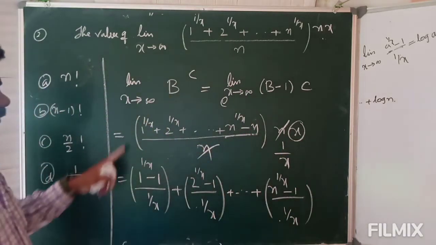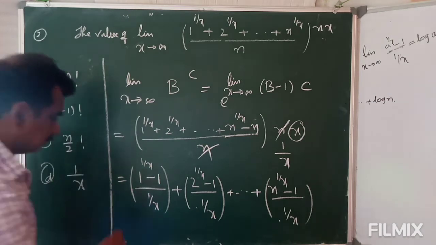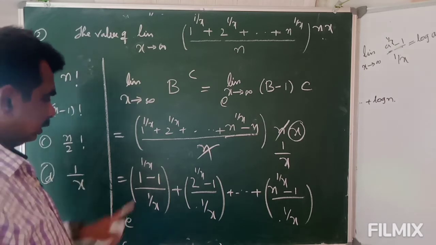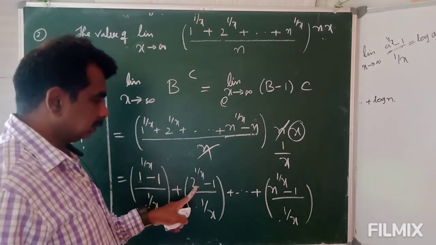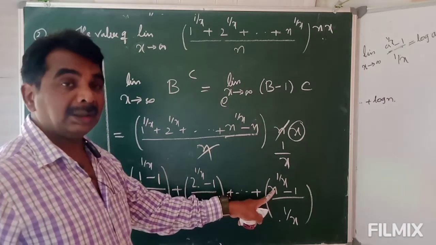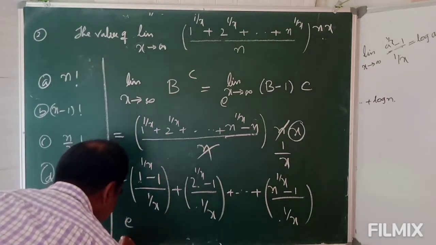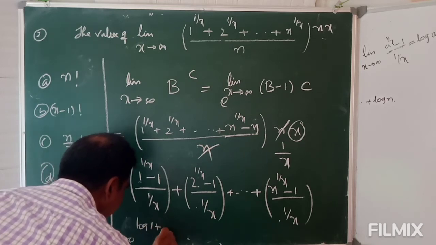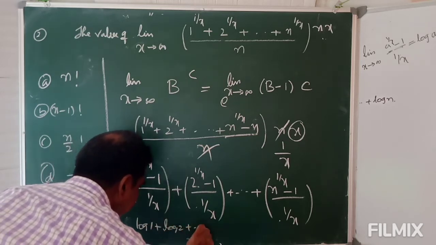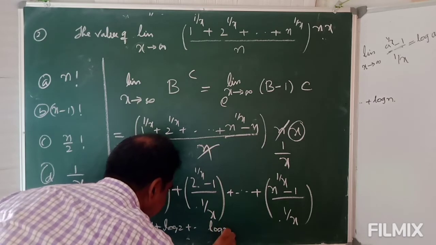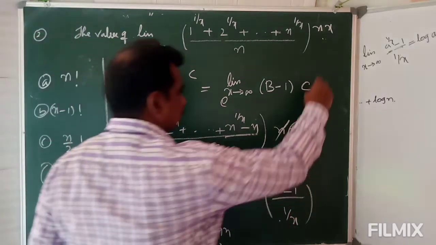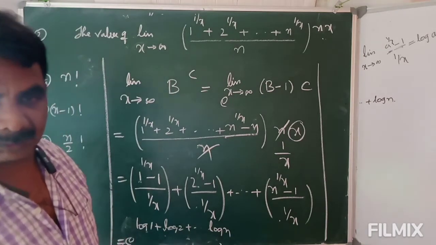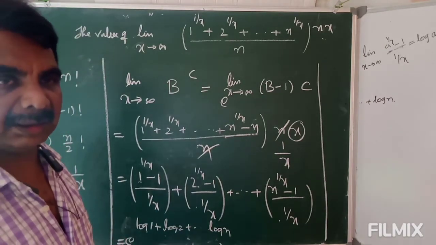Now limit x tends to infinity. What happens? This is all e power, log 1 plus log 2 plus log 3 up to so on log n. That is e power (log 1 plus log 2 up to so on log n). What is this? Log a plus log b plus log c is log of a, b, c, d, e, f.